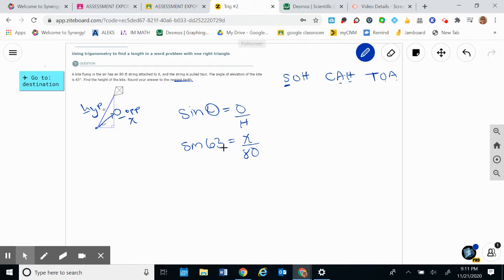And now all you have to do is solve for x. Multiply by 80 to get rid of the denominator and plug this into the calculator. So it'd be 80 times sine 63 equals. Okay. And that's it.